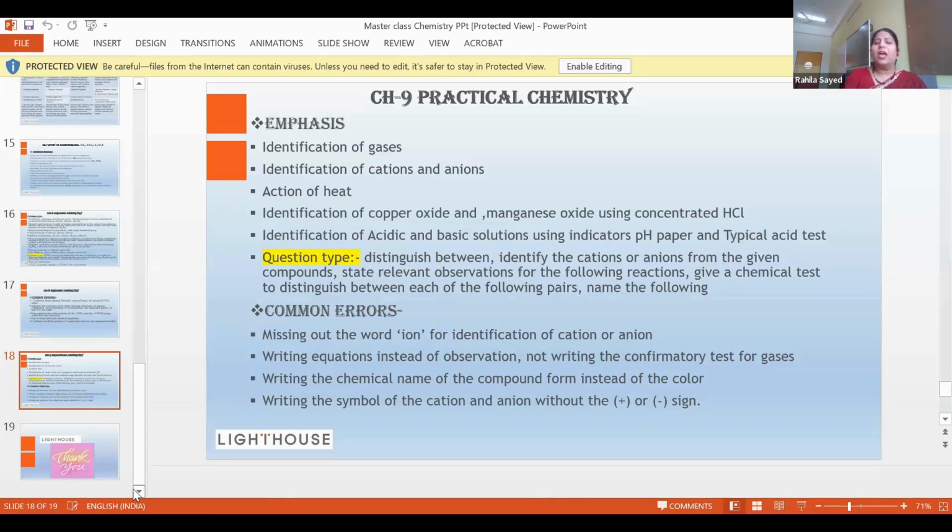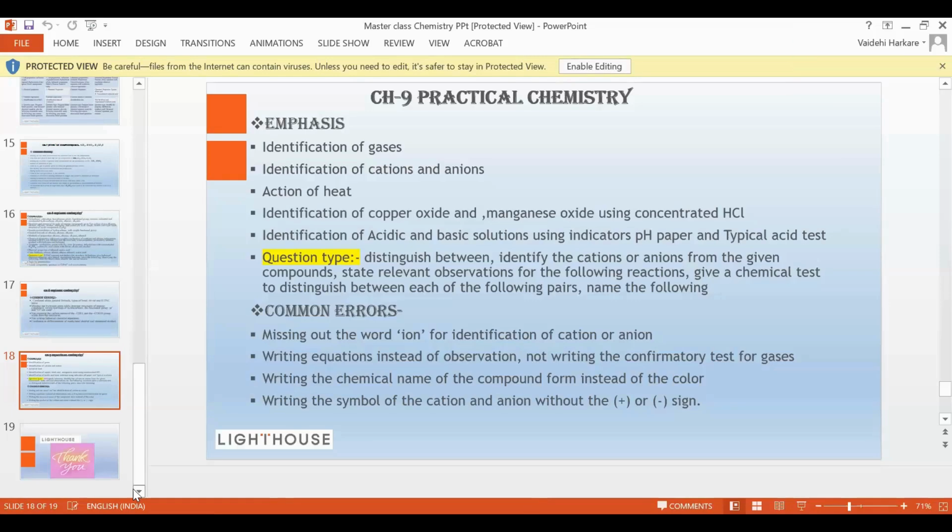The question types: distinguish between, identify the cations or anions from the given compounds, state relevant observations for the following reactions, give a chemical test to distinguish between each of the following pairs, and name the following. These are the type of questions that are going to be asked from practical chemistry. Again, if you check study of compounds, acids, bases and salts, and analytical chemistry, the same reactions are getting repeated from there only. So if you are doing that thoroughly, practical chemistry is simultaneously done.